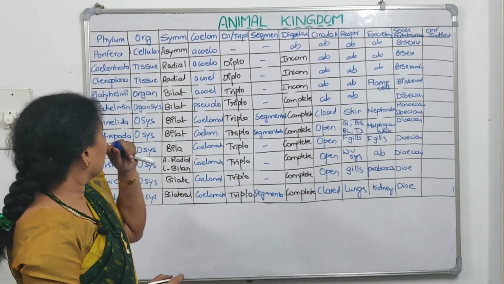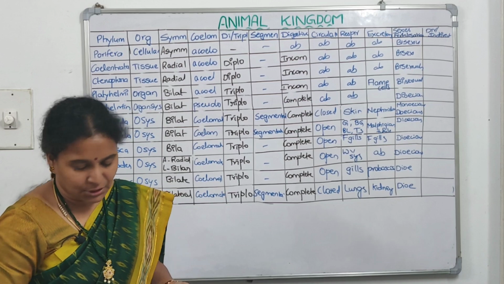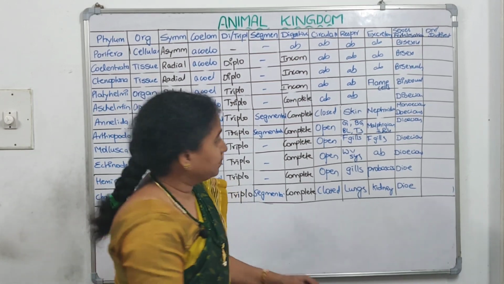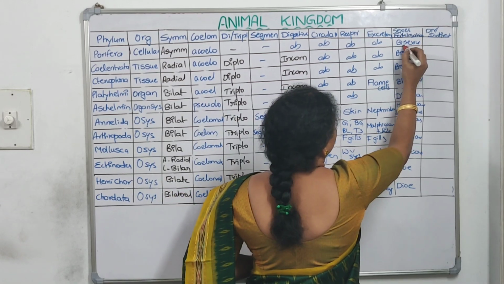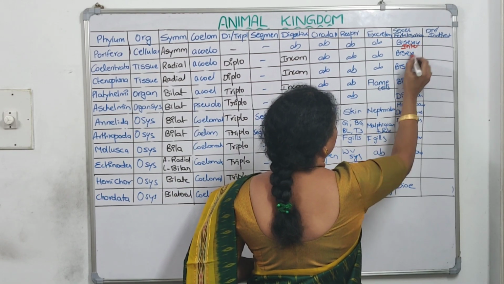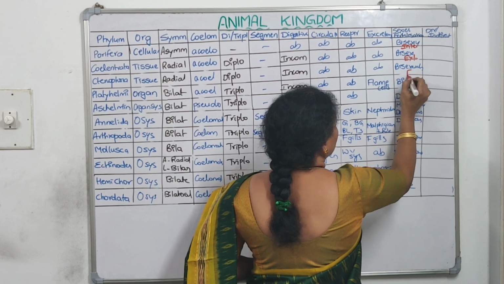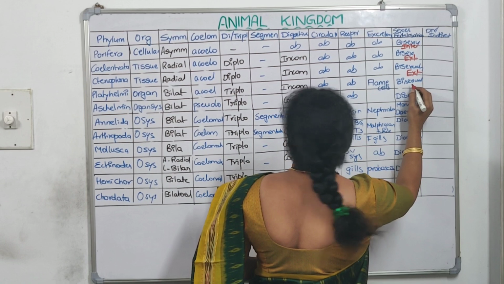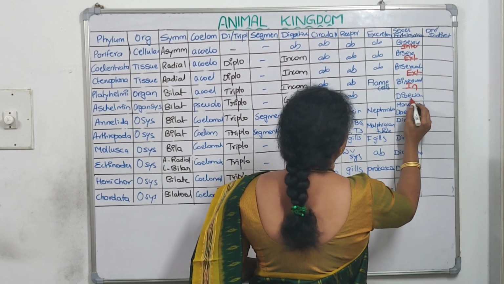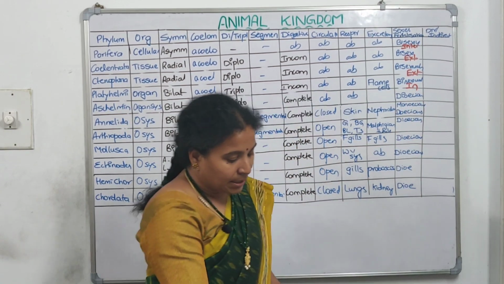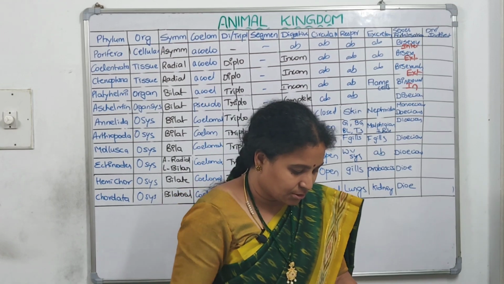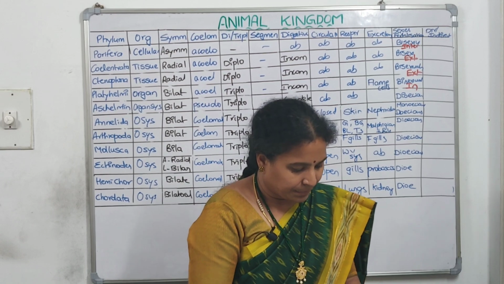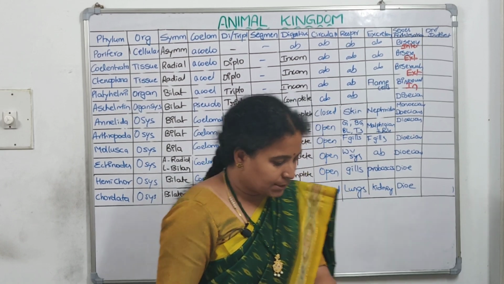And fertilization, in the first one, it is internal fertilization. Here also external fertilization. In Platyhelminthes, it is internal fertilization. In Aschelminthes, they told fertilization is internal.